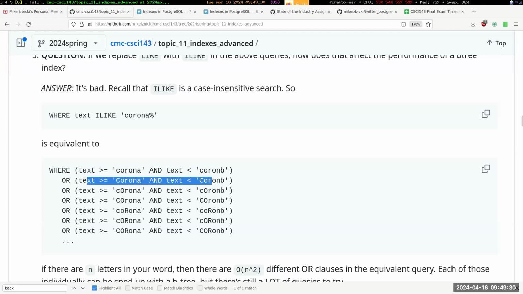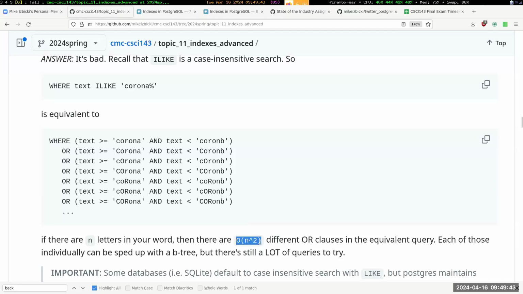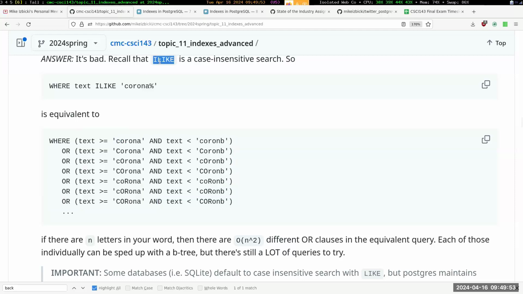This next condition down here has some uppercase letters at the beginning, and everything else is lowercase. And now the uppercase has moved to the O. Find everything between those. It turns out that there's going to be a quadratic number of different combinations of uppercase and lowercase letters here, which is a lot of different queries that you have to try. So ILIKE, in the worst case, is going to be quadratically slower than the LIKE operator.